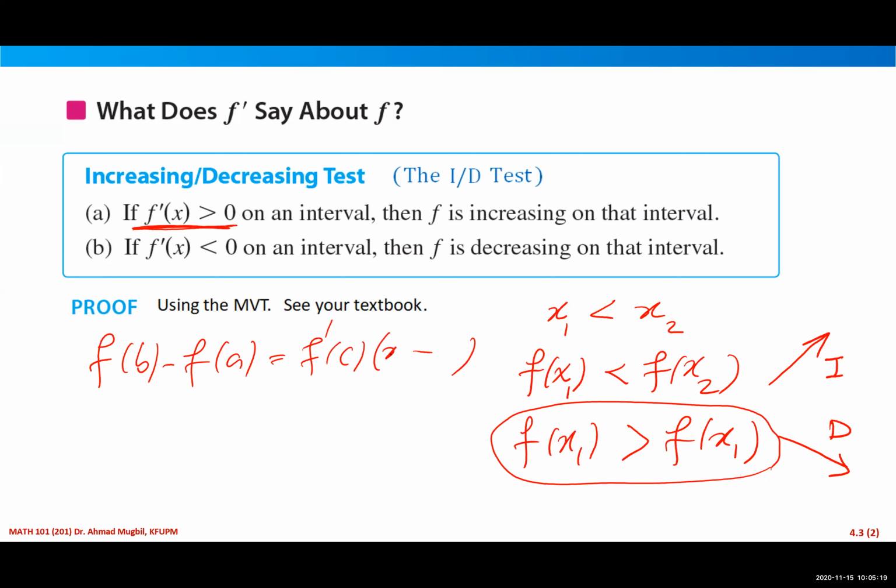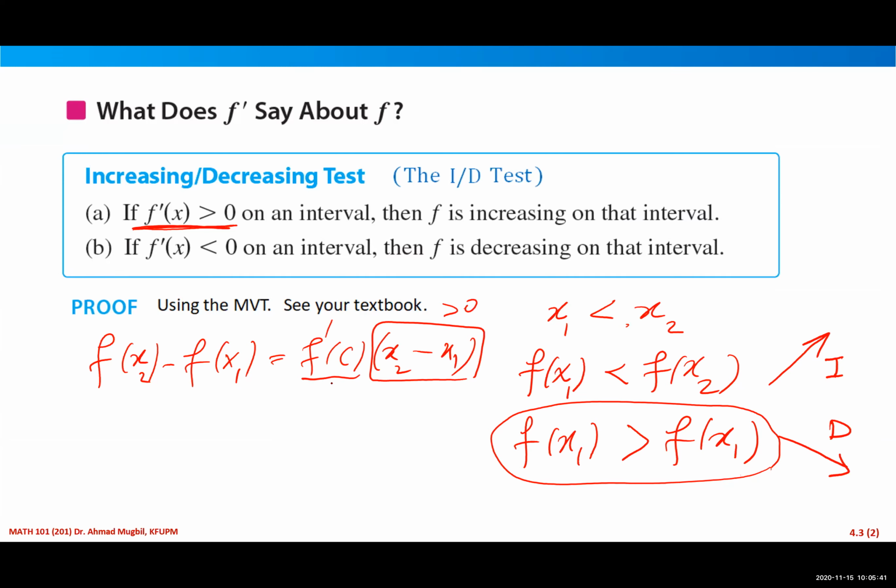So this will be x2, and this is x1. Here, c is any number between x1 and x2. Now this is positive, shabab, because x1 is less than x2. So now we have two cases.